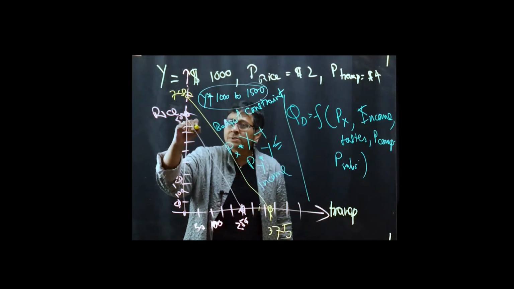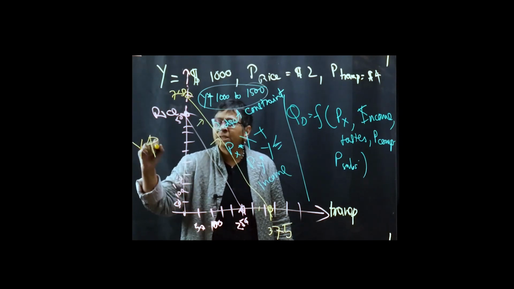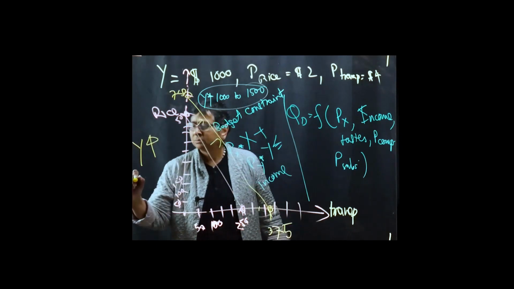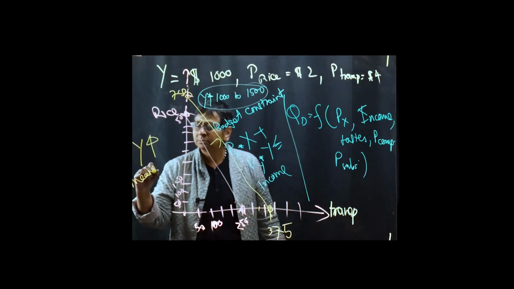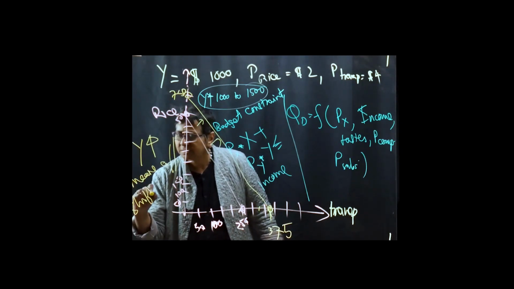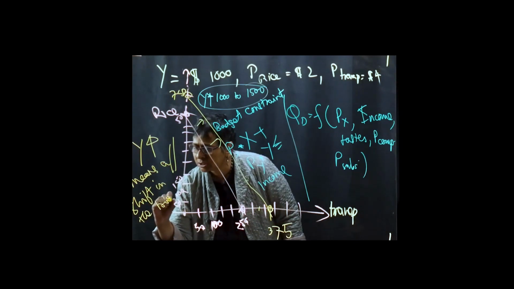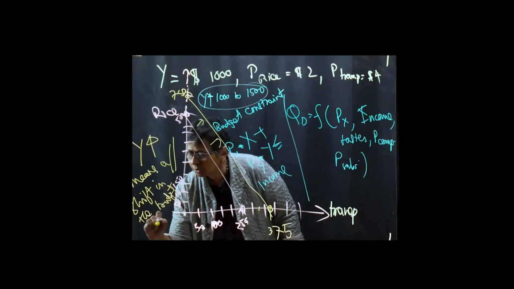So the first thing you want to realize is that an income increase means a parallel shift in the budget constraint.